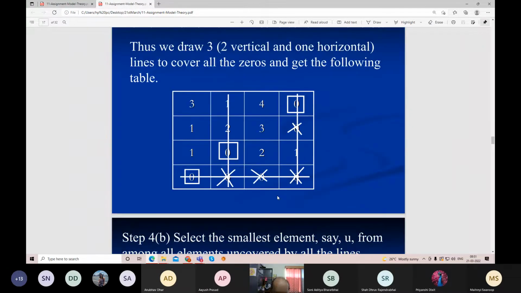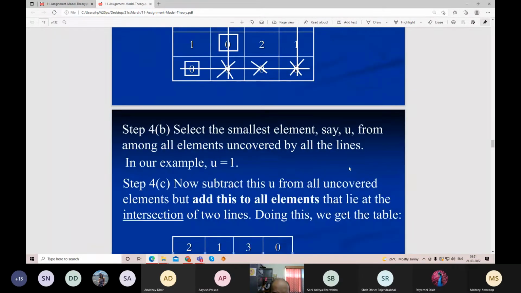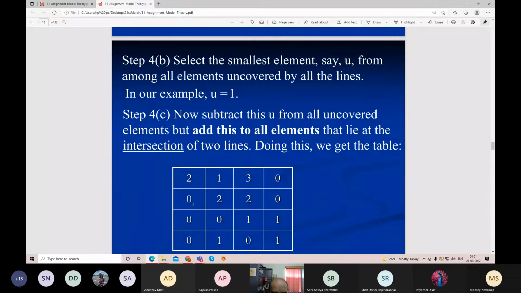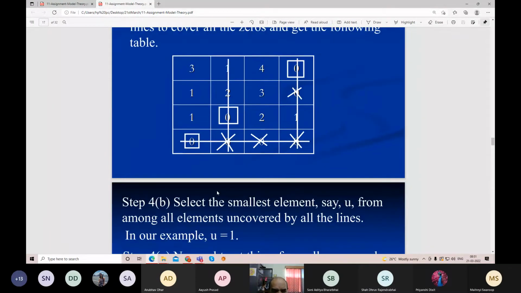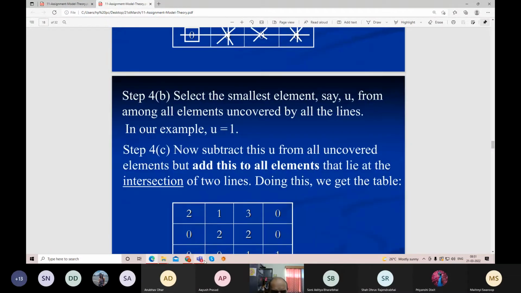So once you are subtracting, we have the elements 2, 0, 0. Earlier it was 3, 1, 1. You are subtracting 1, so it is becoming 2, 0, 0.